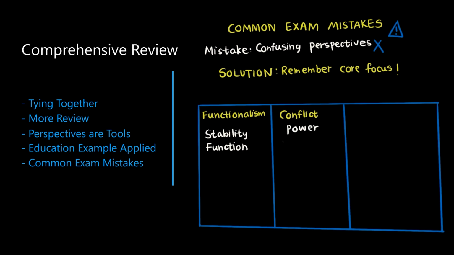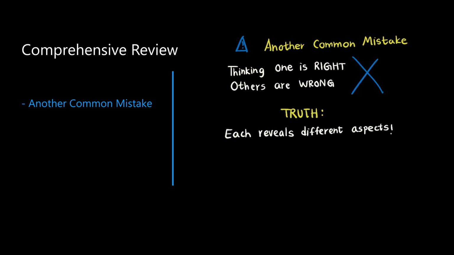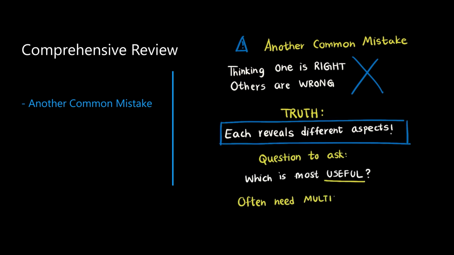If you keep these core focuses in mind, you'll be able to identify which perspective fits any given scenario. Another common mistake is thinking that one perspective is right and the others are wrong. Sociology isn't like that. Each perspective reveals different aspects of social reality. The question isn't which is right, but which is most useful for understanding this particular phenomenon. Sometimes you need multiple perspectives to get a full understanding.